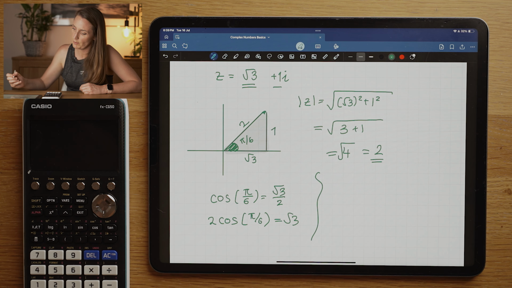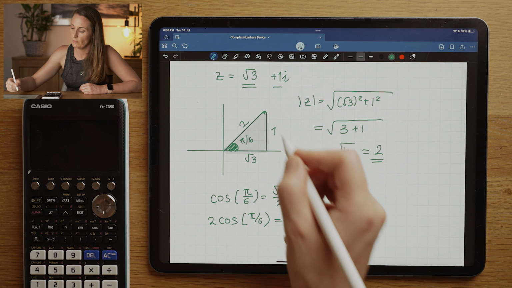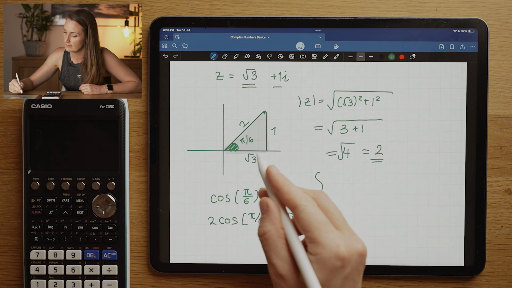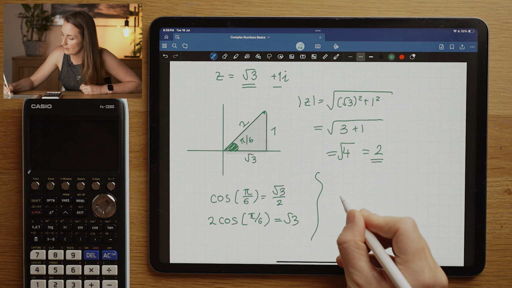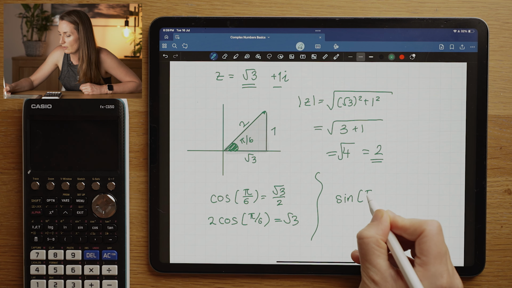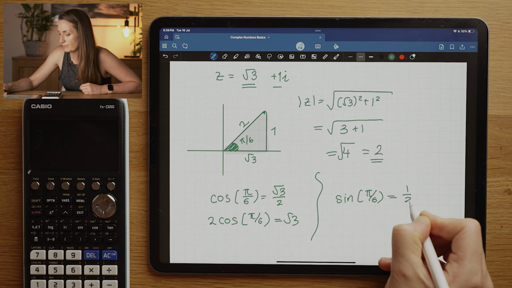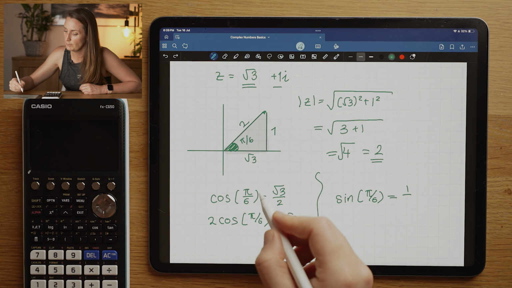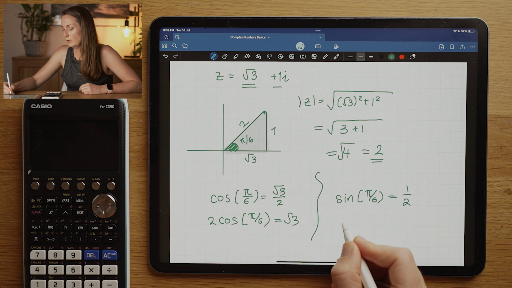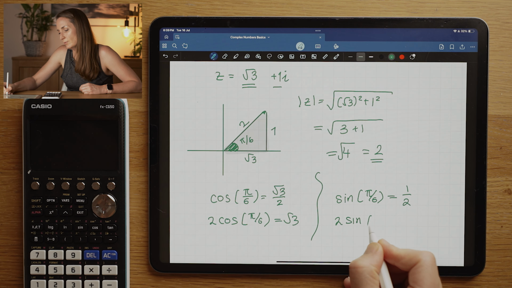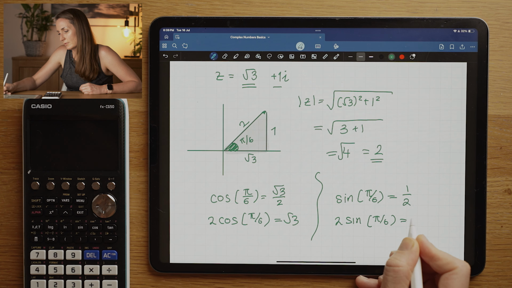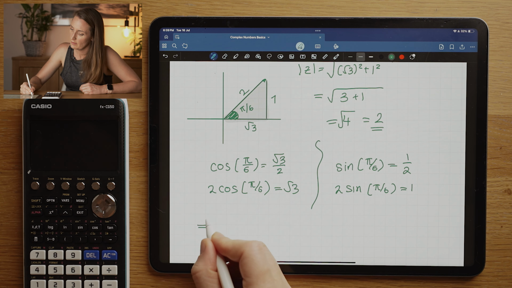And to find an expression for 1 in terms of the modulus and the angle, I can say the sine of pi over 6 must be opposite divided by hypotenuse. I can times by 2, and that will give me 1.